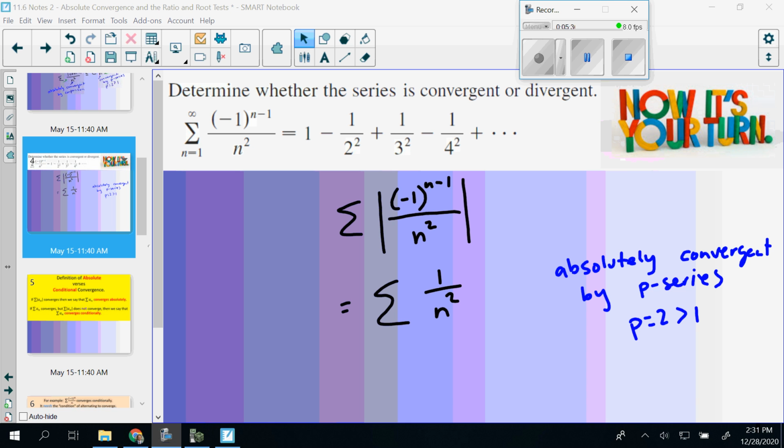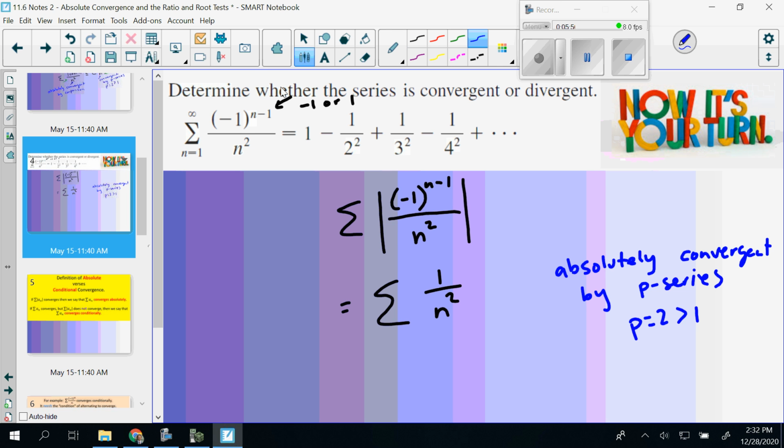All right, hopefully you had a chance to try that one out there. This one with that -1, let's take the absolute value of that, because we know that depending which number we put in here, this is either going to equal -1 or +1. The absolute value of both is 1.